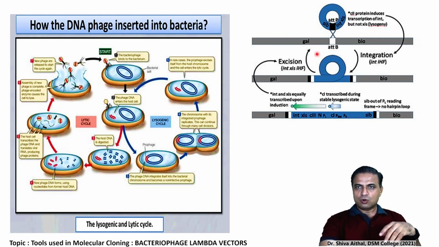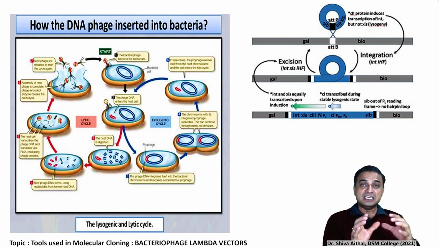In E. coli, there are two genes, galactose and biotin, which are in tandem to each other, meaning linear, one after another. Galactose and biotin genes are there, and in between them there is a small region called the attachment region. The same attachment region is present in lambda phage.